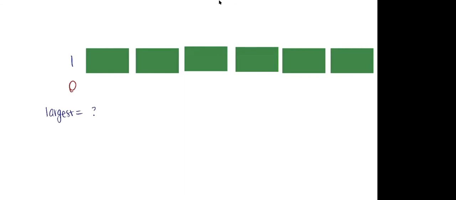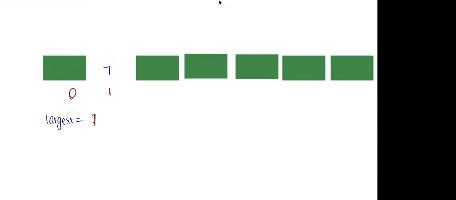So I will say that 1 is my largest number. Then I'm going to move on to the next number, where I see 7 at index number 1. 7 is larger than our current largest number, which is 1. So 1 is no longer the largest number. 7 is our largest number.